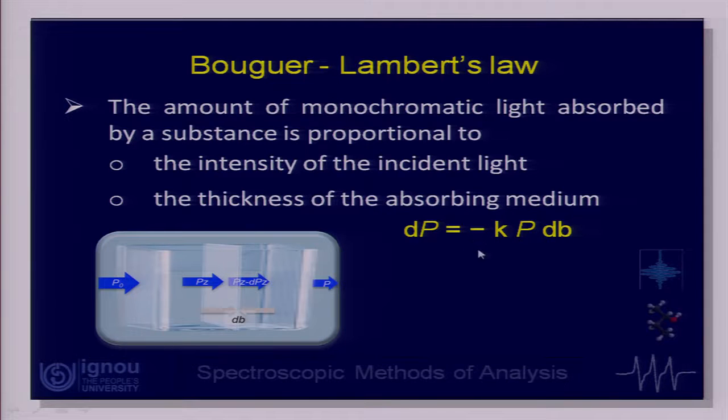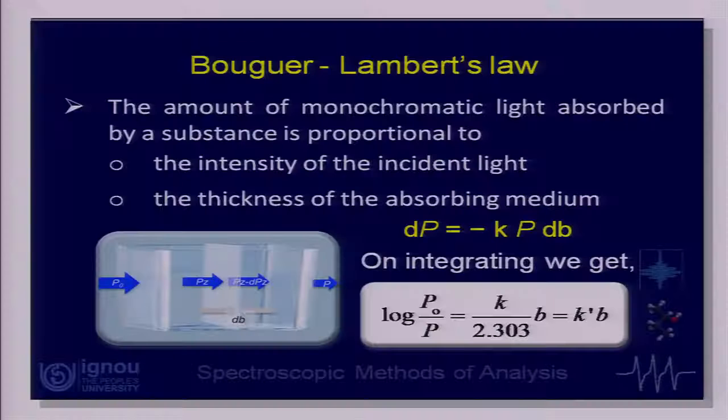Minus tells me that there is a decrease in intensity. K is the proportionality constant, P is the intensity which is incident over there, and dB is the thickness of the slice I am talking about here. Now, if I integrate this expression over the whole thickness, that means from P naught to P, we get the following expression.